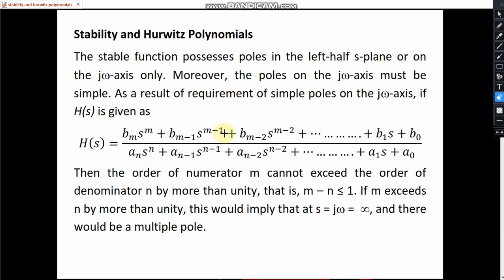But if it is not so, then we have to analyze further. It is not the only requirement, but it is one of the requirements. If this requirement fails, then we can say that the system is unstable. There is no need to check further. So this is a necessary condition, but not a sufficient condition.